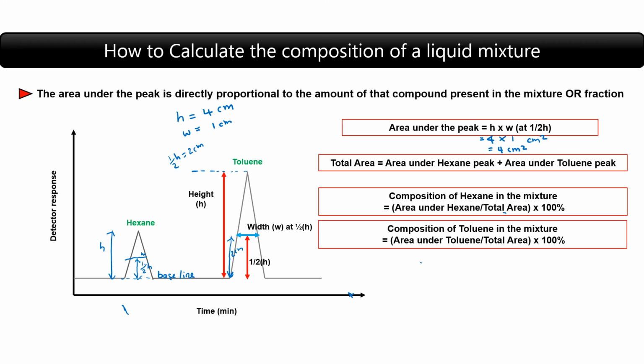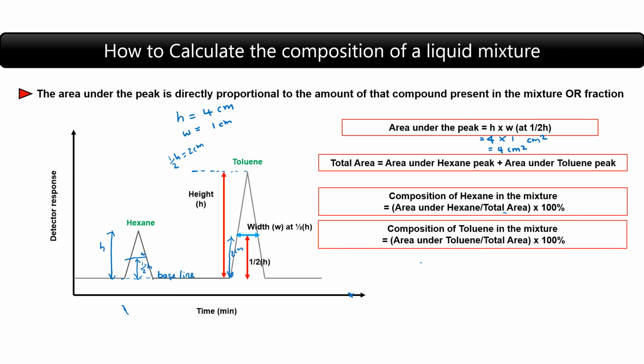So what we expect is to see a larger percentage of hexane in fraction 1 and a larger percentage of toluene in fraction 2.